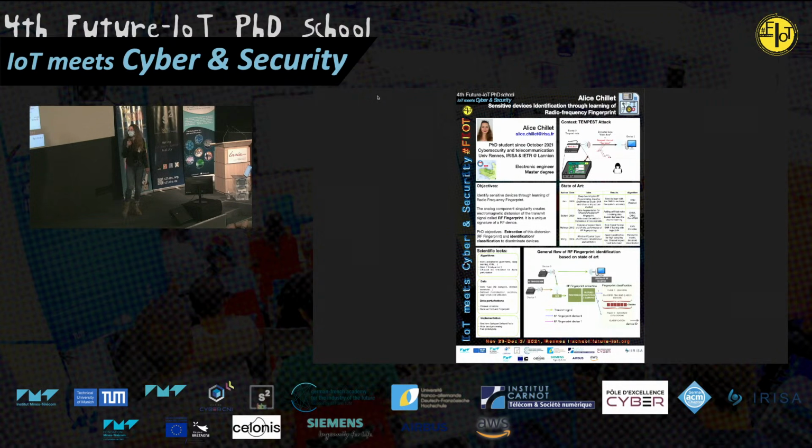The first lock is the algorithm, because we have many possibilities to identify the radio frequency fingerprint. For example, we can use a parametric algorithm, or we can use a deep learning algorithm. So the state of the art shows many possibilities.